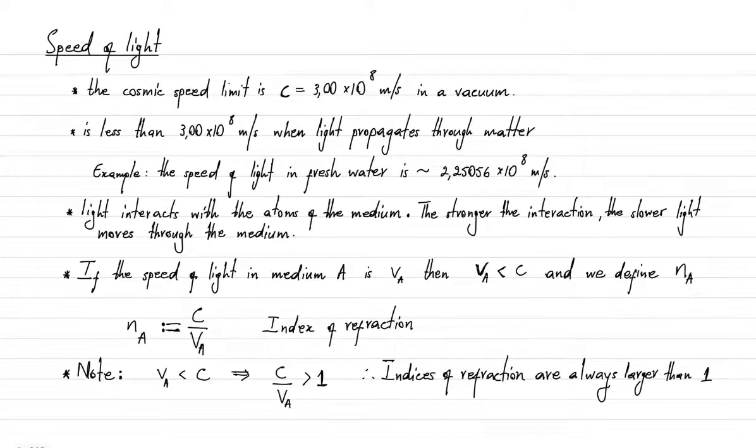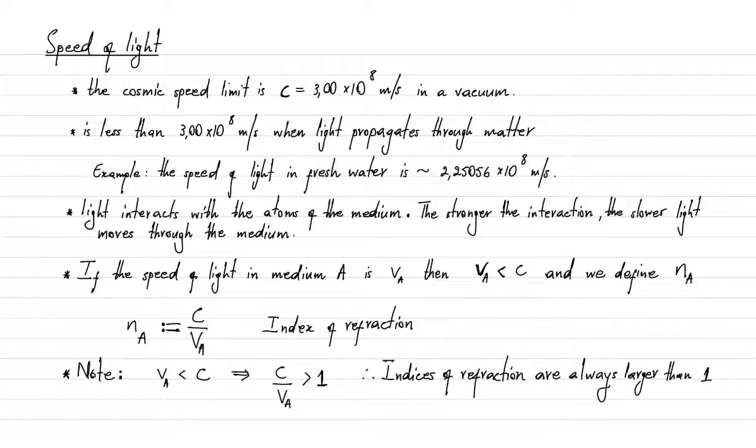So Einstein told us that the cosmic speed limit in the universe is the speed of light as measured in a vacuum. That is 3.0 times 10 to the power 8 meters per second. That's about 300,000 kilometers per second. That is the fastest anything can ever zoom by in the universe.